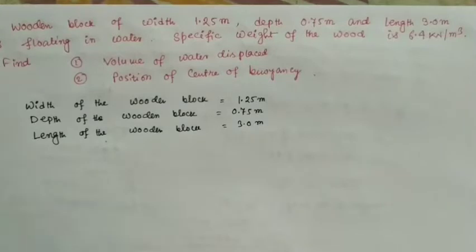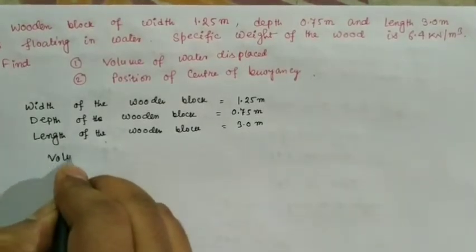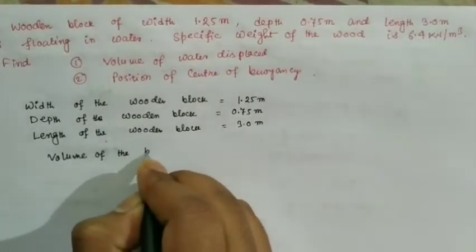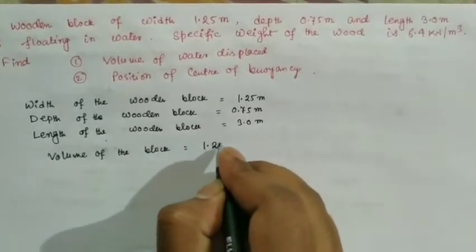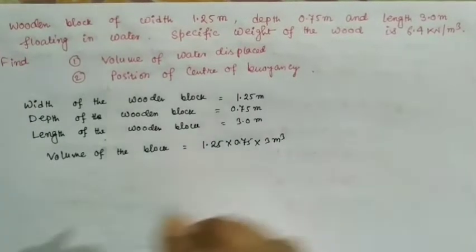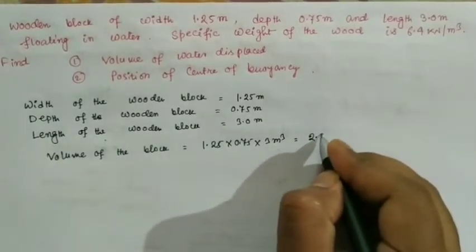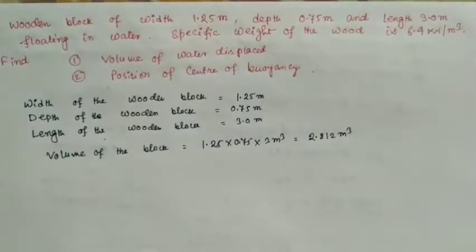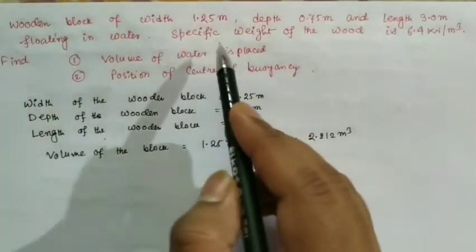Okay. So what will be the volume of the block? This will be 1.25 into 0.75 into 3 meter cube. So this will be 2.812 meter cube.